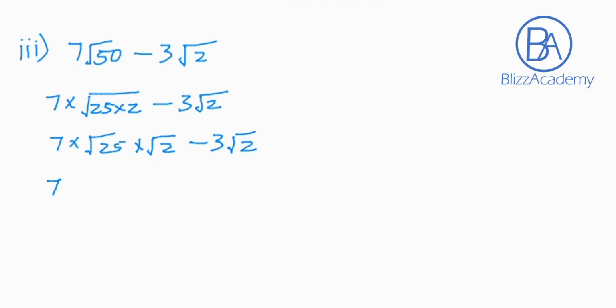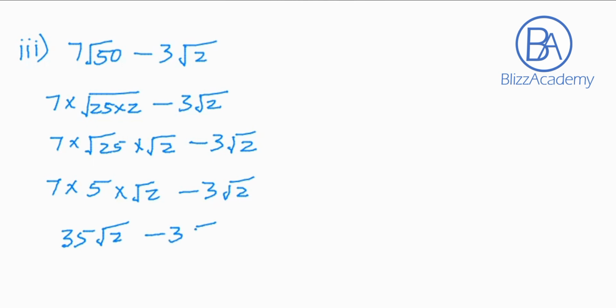And we know this will give us 7 times the square root of 25, which is 5, times root 2 minus 3 root 2. And 7 times 5 is 35, so we will have 35 root 2 minus 3 root 2.